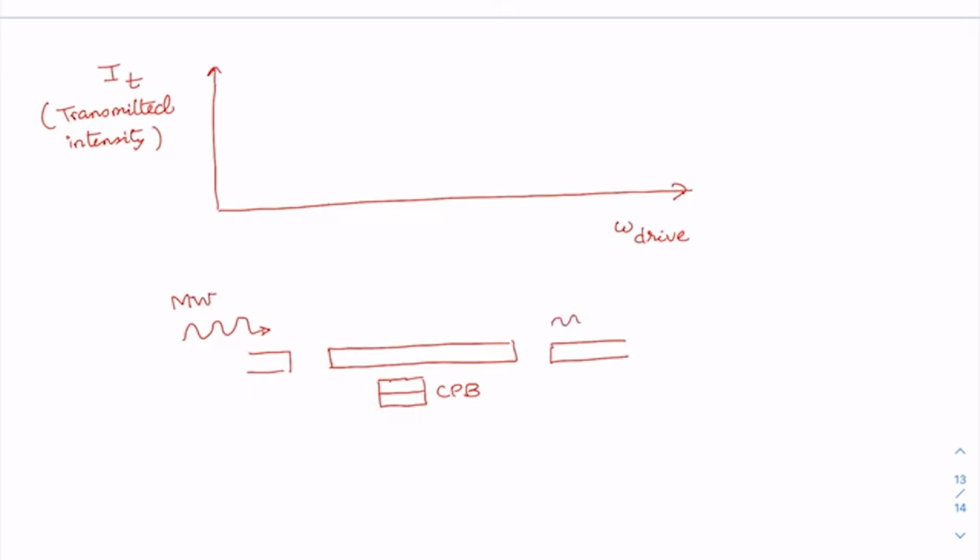Then a part of the microwave is getting transmitted and a part of it is getting, say, reflected. So this is the scheme.